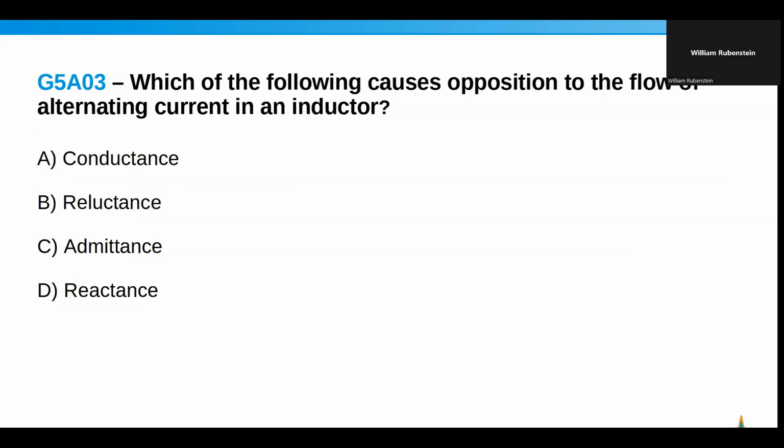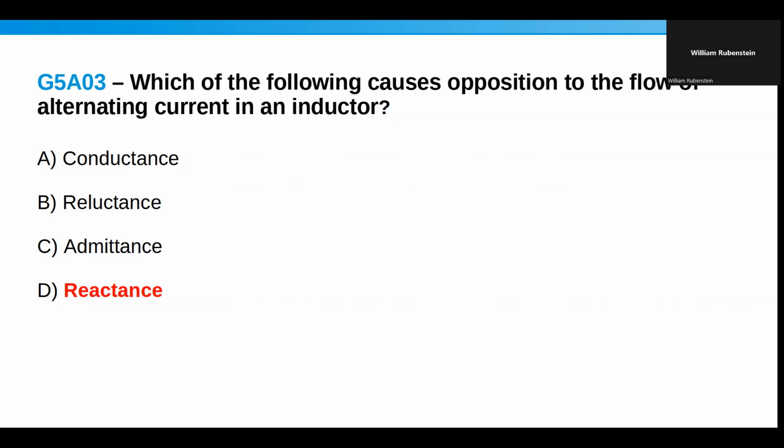Which of the following causes opposition to the flow of alternating current in an inductor? Reluctance is the sort of magnetic equivalent of impedance.